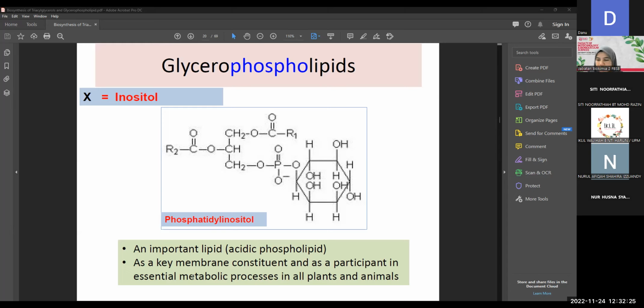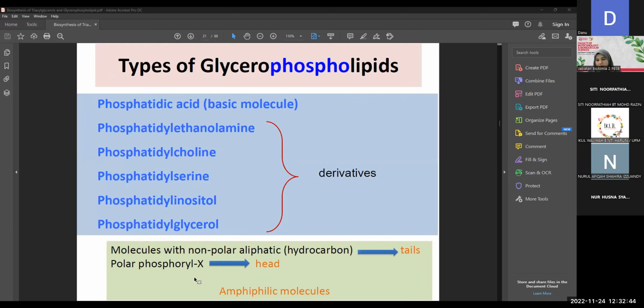For membrane basically, it also participates in many metabolic processes in both plants and animals. So from glycerophospholipid we can generate other derivative molecules: phosphatidylethanolamine, choline, serine, inositol. These are the derivatives of glycerophospholipid.